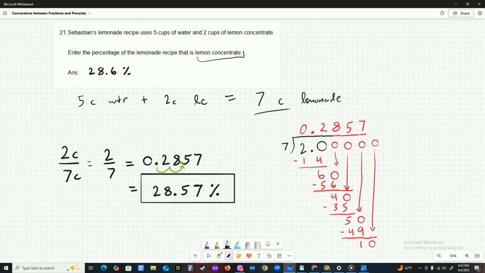I didn't specify this in the problem. It's something you want to ask your teacher, but 28.6%. If you want to round to the nearest whole percent, then it would be 29%. 29% of the lemonade recipe is lemon concentrate, right? And that's how you do it.